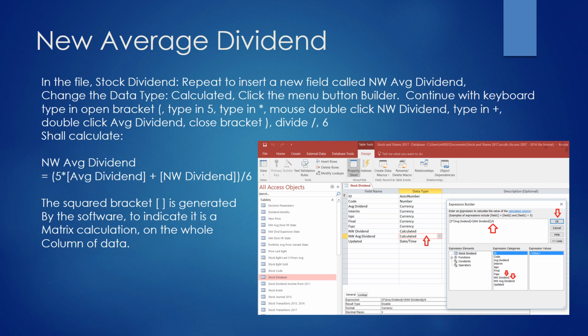The square bracket is generated by the software to indicate it is a matrix calculation on the whole column of data.